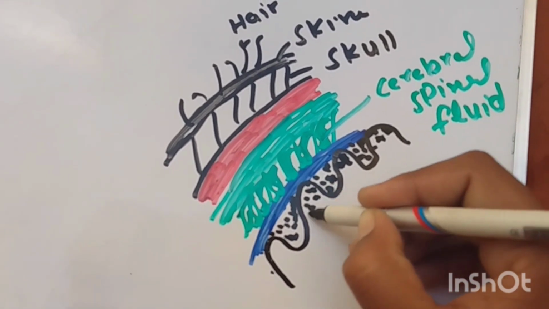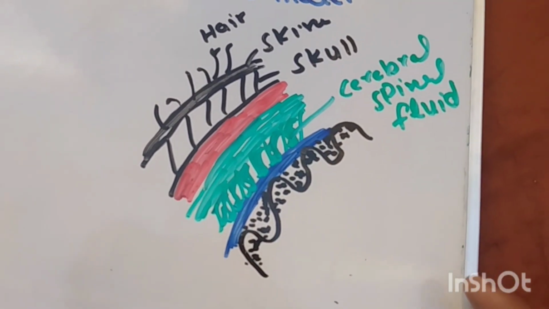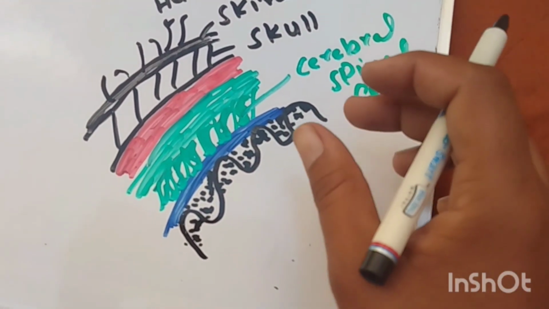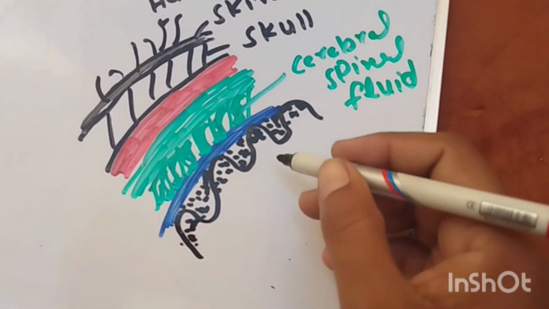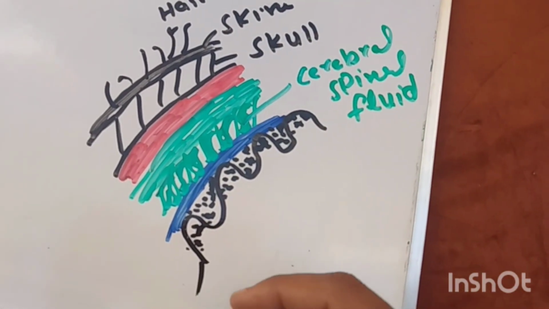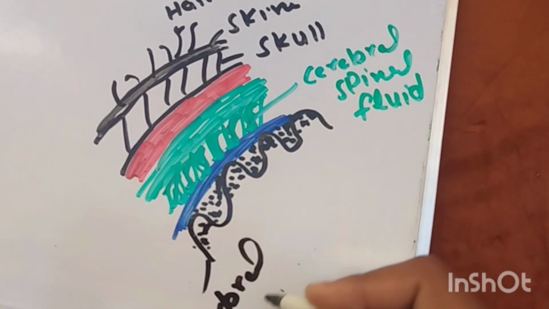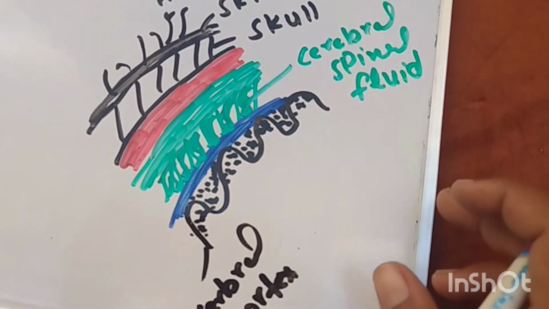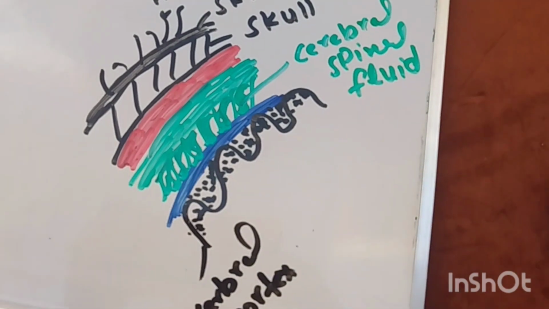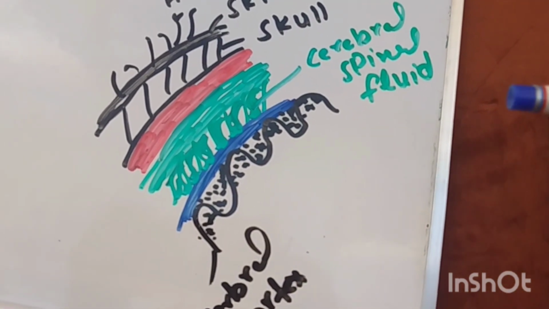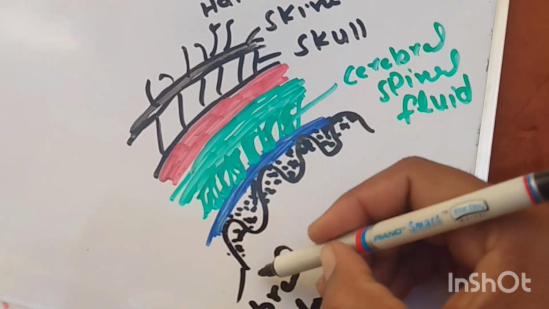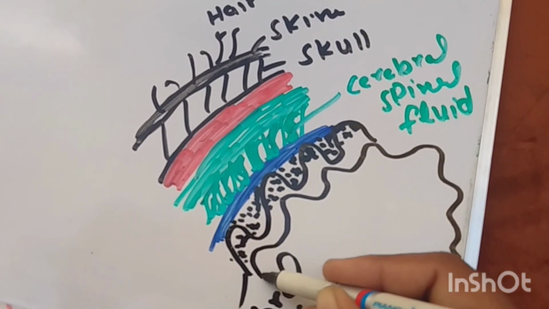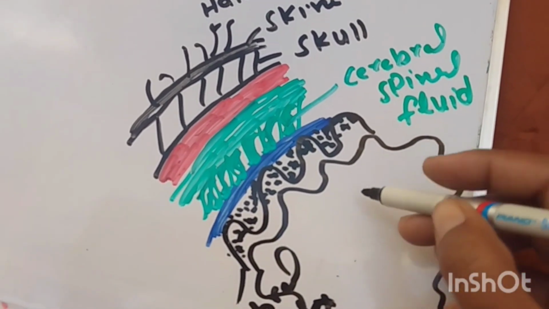These nerve cell bodies project nerve fibers into the brain. Cerebral cortex consists of billions of nerve cell bodies. Beneath the cerebral cortex, the cerebrum starts. This is our cerebrum.